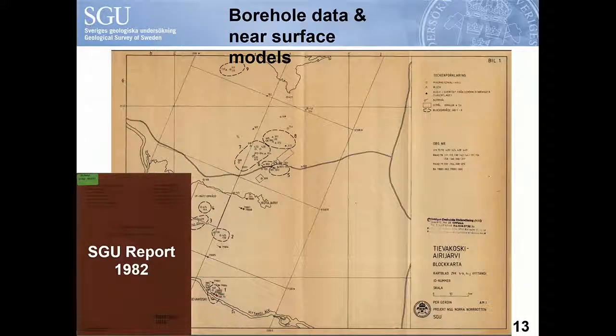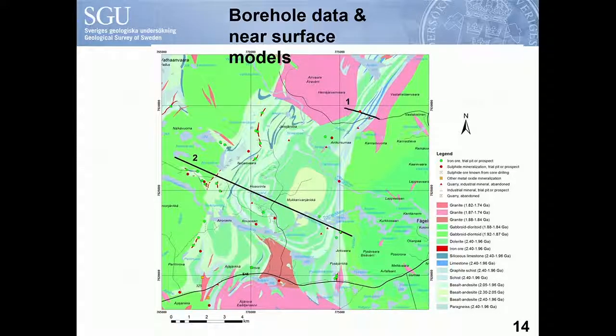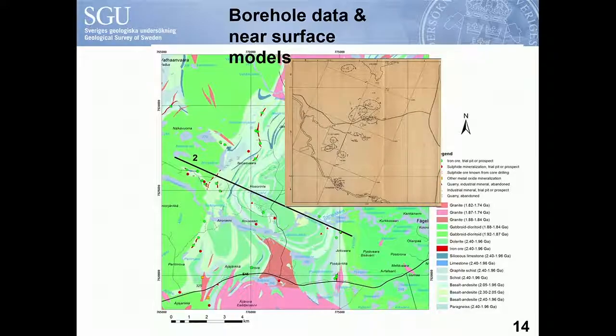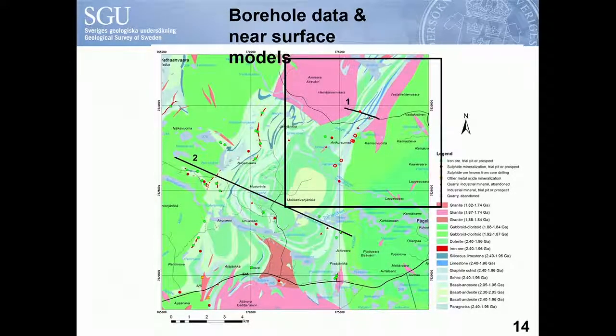It's the map of the area you find in that report. The reason for that was that there was a lot of information about the boreholes in the area. So this is a more modern map of the same area. And then we looked at the borehole information. There are quite many boreholes here. And then we looked at our data sets.